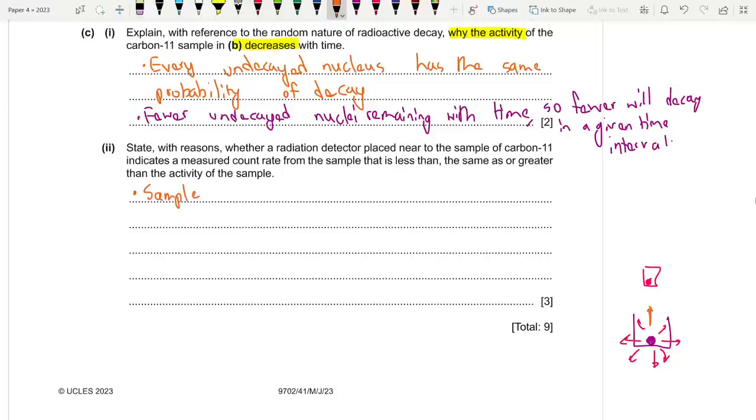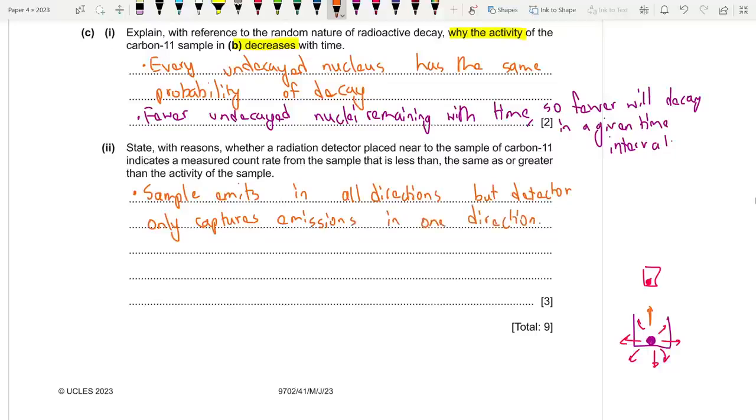The sample emits in all directions, but the detector only captures emissions in one direction, as I've told you, the orange arrow.